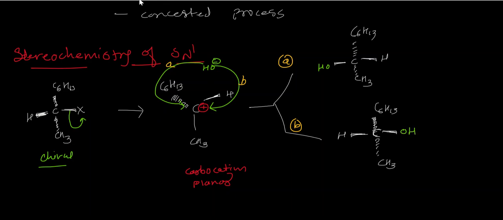Now you can see that this is your X group, which is on the right hand side. According to the A path, when we attack the nucleophile from the A side, this incoming group is on the opposite side of the leaving group. So it means inversion of configuration is there.